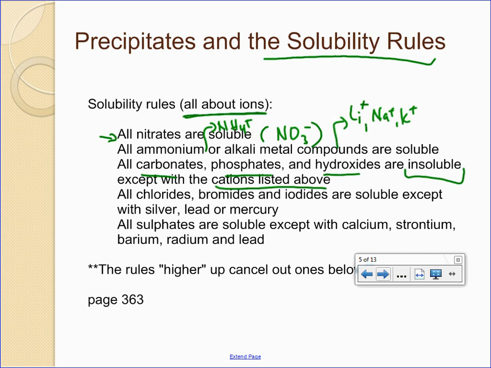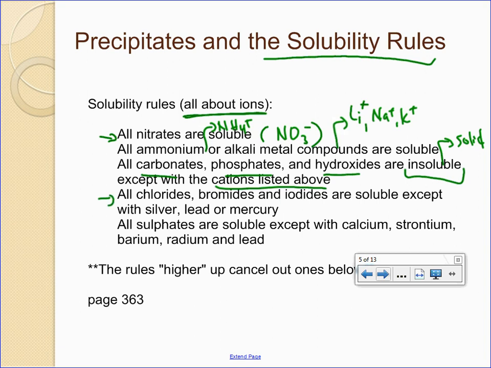And when we talk about something being insoluble, we mean it will remain as a solid in solution, or it will form a precipitate. So all our carbonates, phosphates, and hydroxides are insoluble, except if they're combined with the metals we listed above. So for example, sodium carbonate is soluble, whereas calcium carbonate is insoluble.